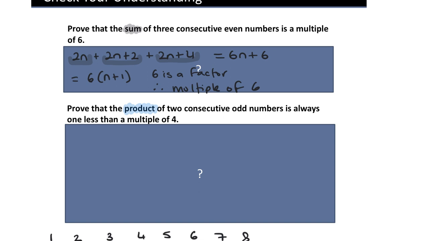How do I get to 1 from 2n? I need to minus 1. So this is 2n minus 1. Then 3 would be 2n plus 1. 4, 2n plus 2. 5 would be 2n plus 3. 6, 2n plus 4. So you can see here we have 3 consecutive even numbers, 3 consecutive odd numbers.